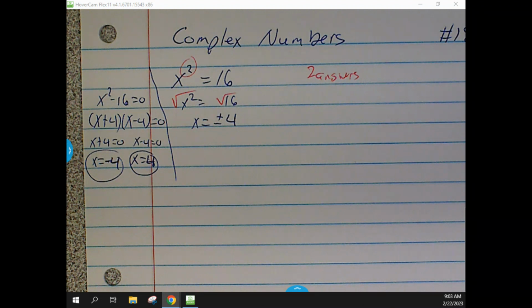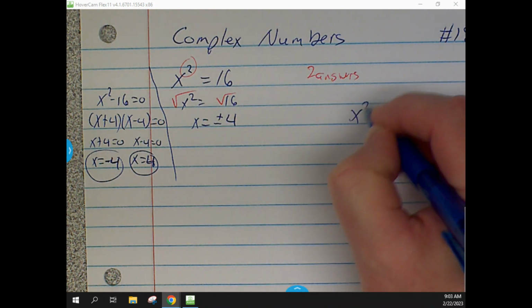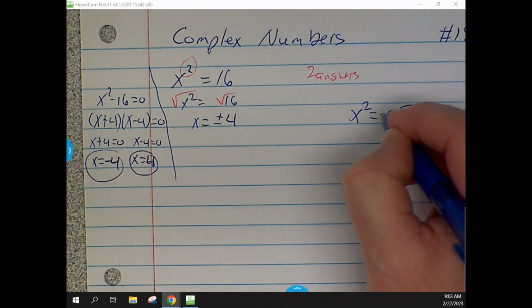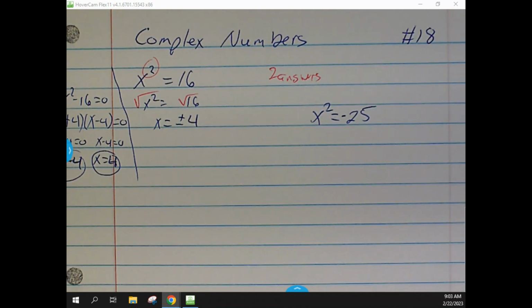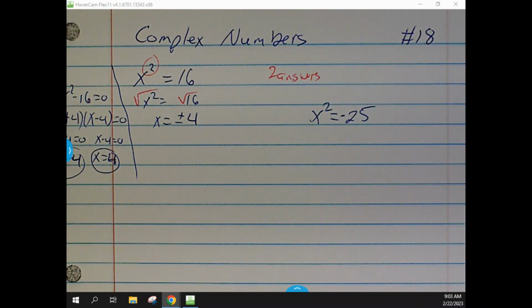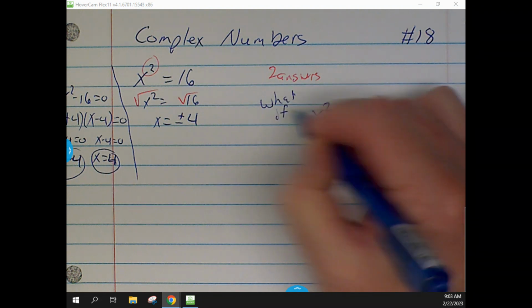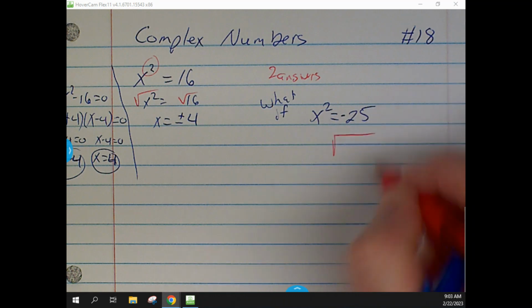Now, here's where complex numbers come in. What if that number we're working with is a negative number? Somebody said no solution, right? Because what happens if you try to take the square root of a negative number?